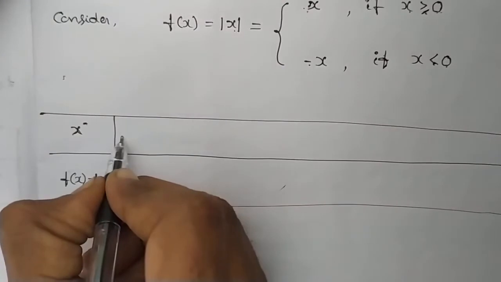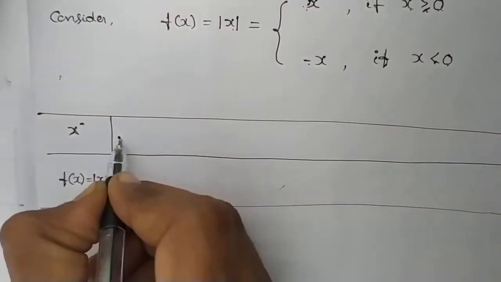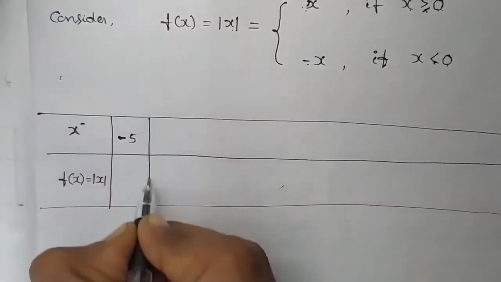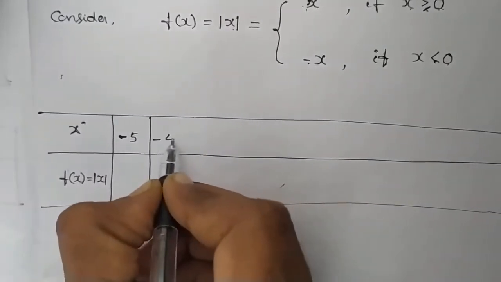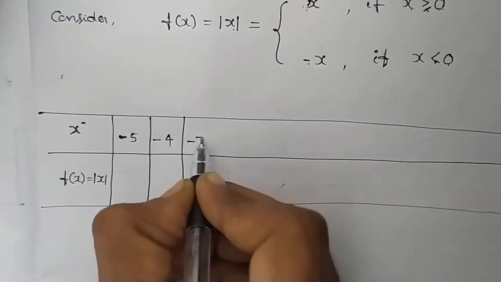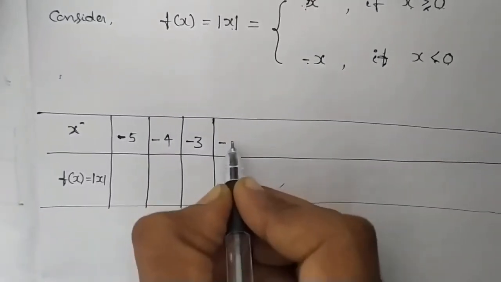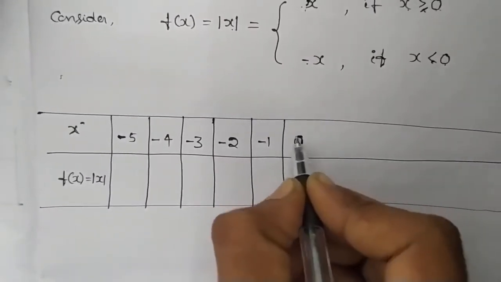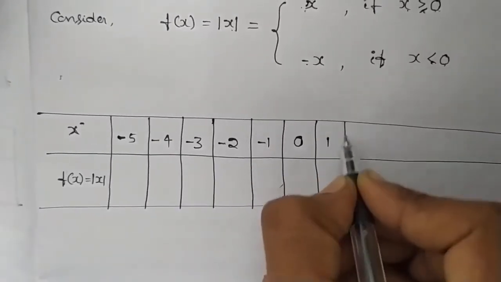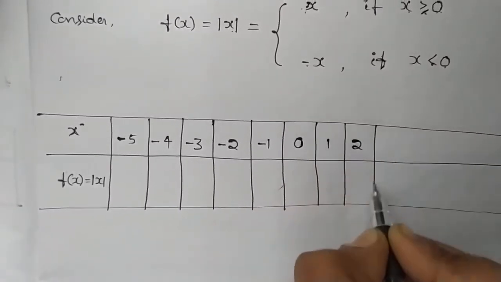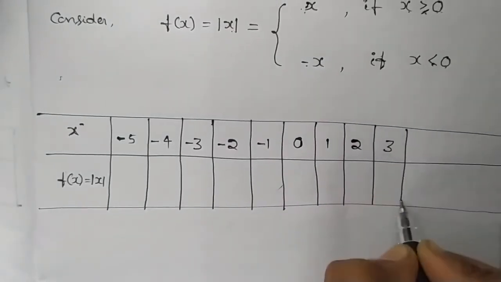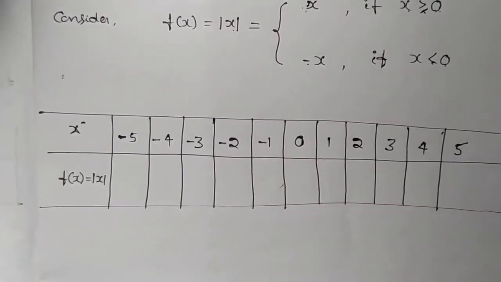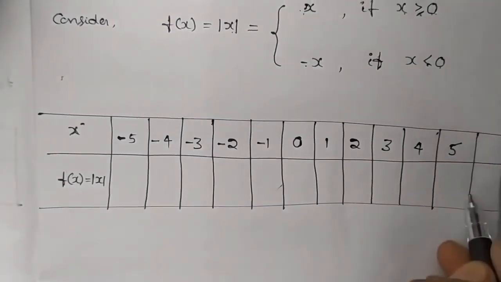Let us take the values on the x-axis: minus 5, minus 4, minus 3, minus 2, minus 1, 0, 1, 2, 3, 4, 5. Now here we are going to apply the modulus function.